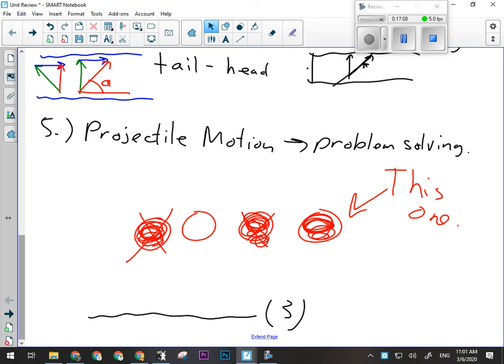Like I said, one is a horizontally projected projectile, one is an angled projectile, a boat question, an acceleration problem, graphing, vector addition, graphing. Those are your 7 questions, 7 problems.